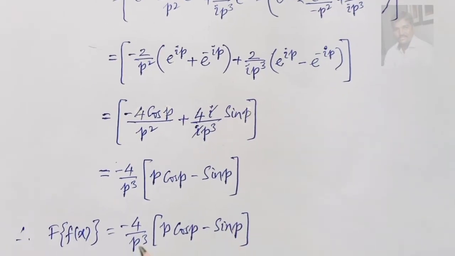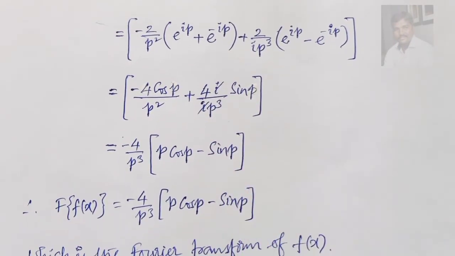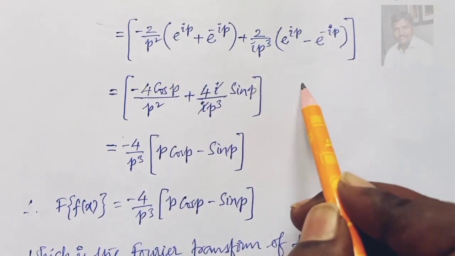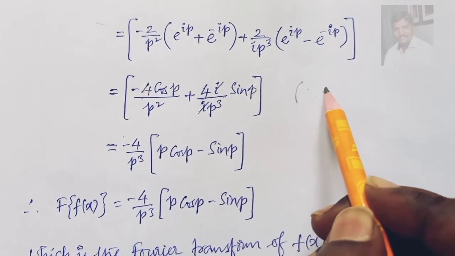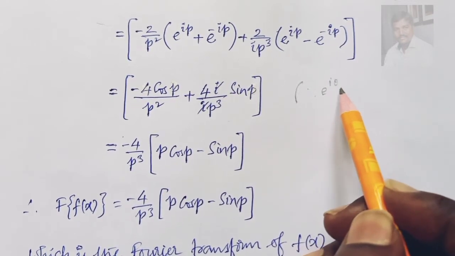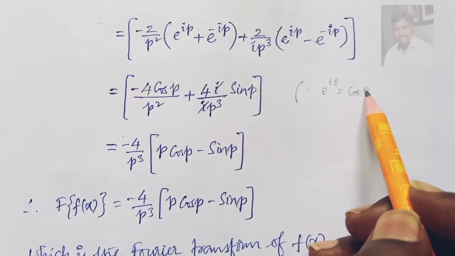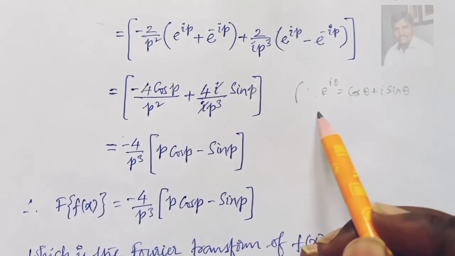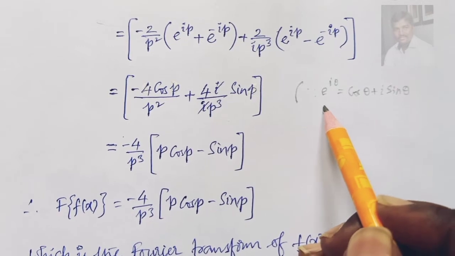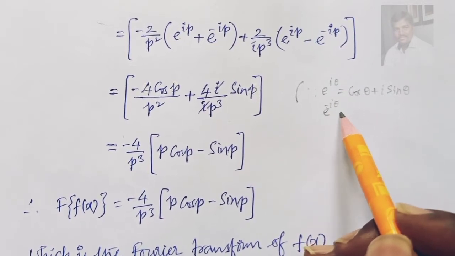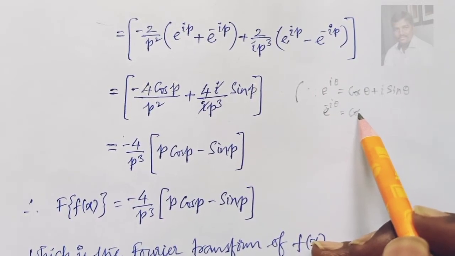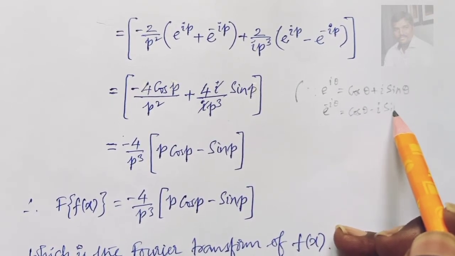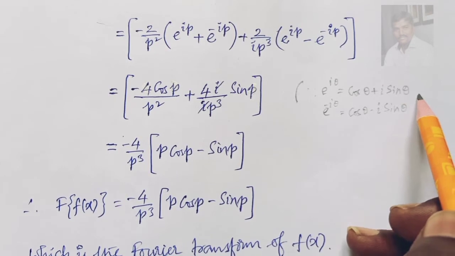Okay, now we know that e power i theta is equal to cos theta plus i sin theta, and e power minus i theta is cos theta minus i sin theta.